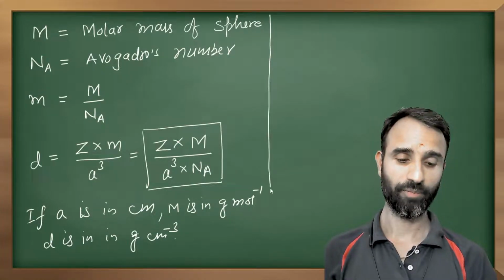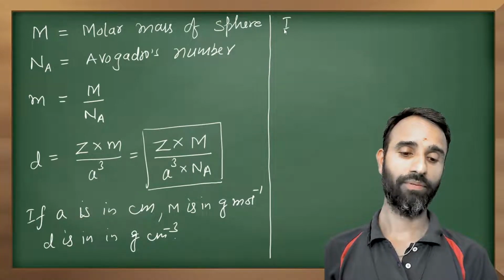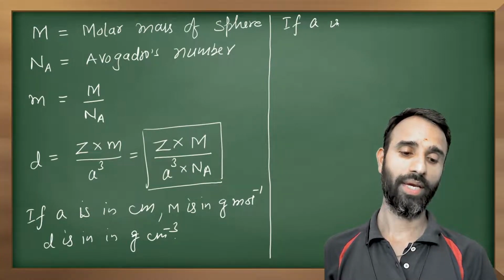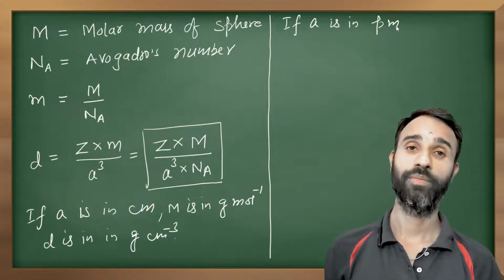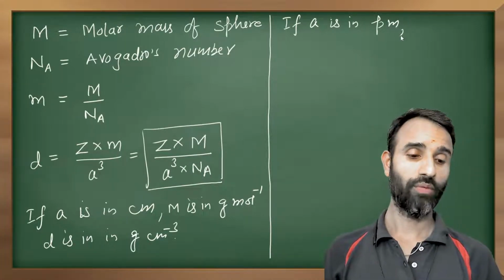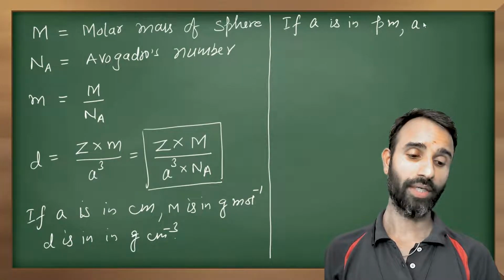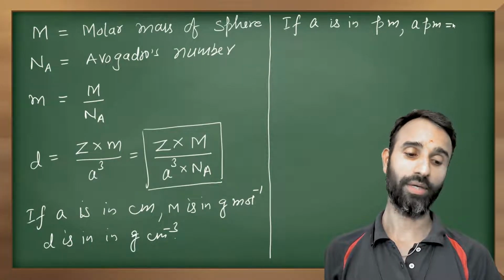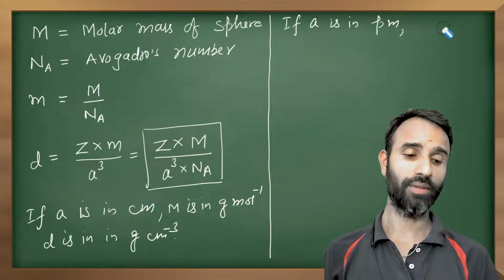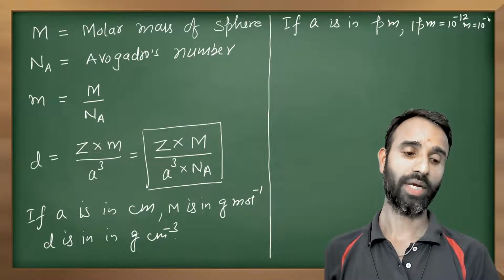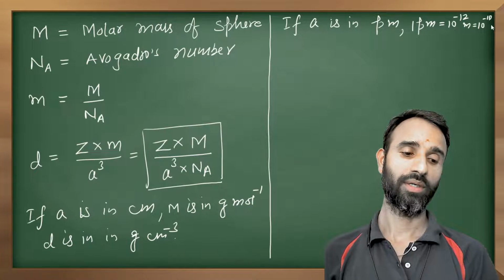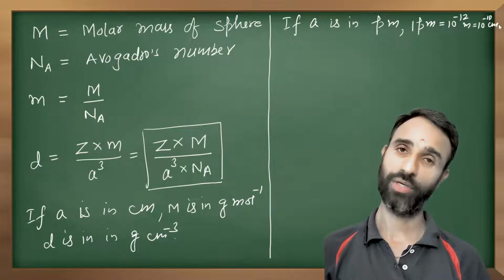But if a is in picometer, and 1 picometer is 10 raised to minus 12 meter, or 10 raised to minus 10 centimeter.